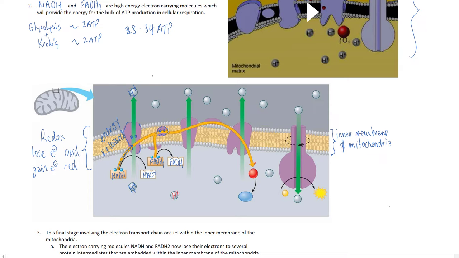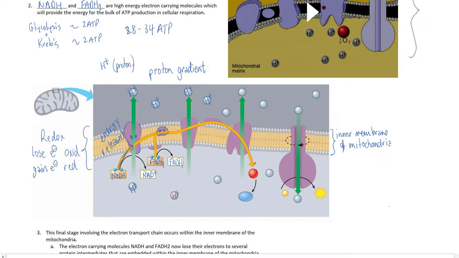What we're doing is creating what we call a proton gradient. These are all hydrogen ions. The reason we can refer to it as a proton gradient is, if you remember, the atomic structure of hydrogen has just one electron. If we remove that one electron and create a hydrogen ion, that hydrogen ion has a +1 charge because it's simply a proton.